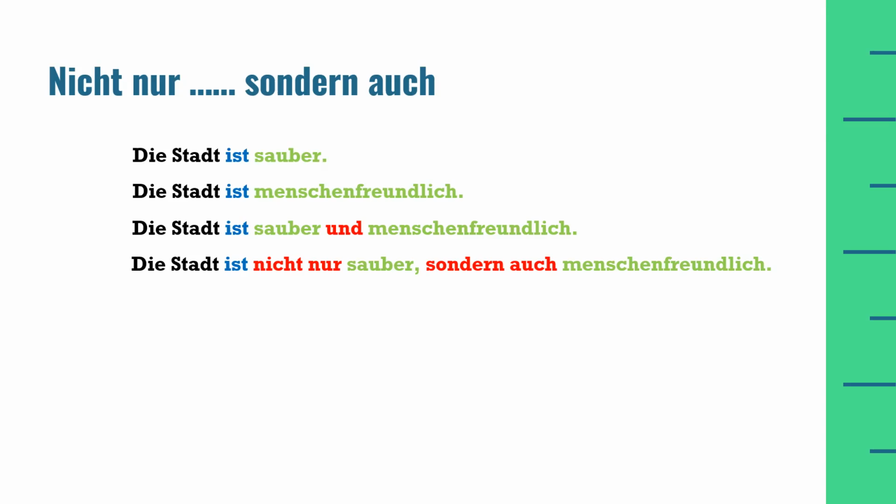After the use of nicht nur, we will use the first adjective. For example, if we want to use any adjective, or if we want to use anything else, then it will come after nicht nur. Then we will put a comma and a space, and after that we will use sondern auch. And then comes the second characteristic or second adjective that we want to use.